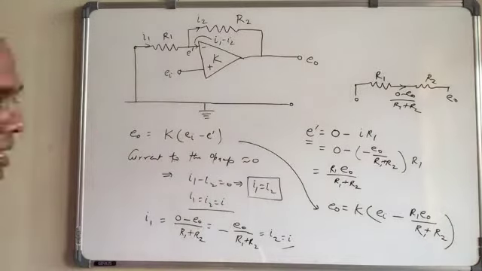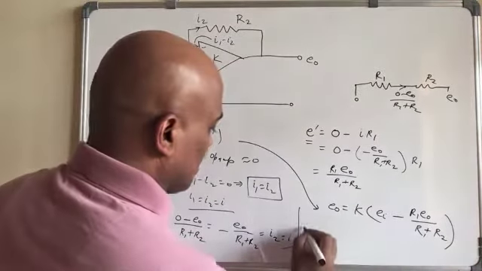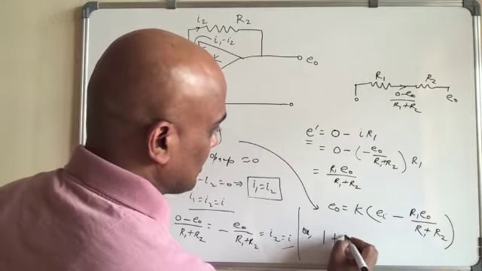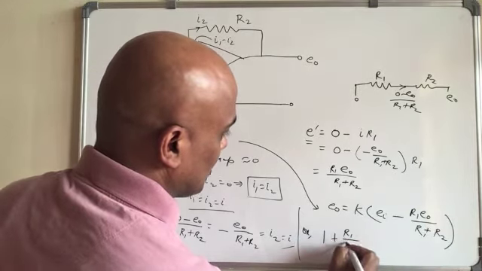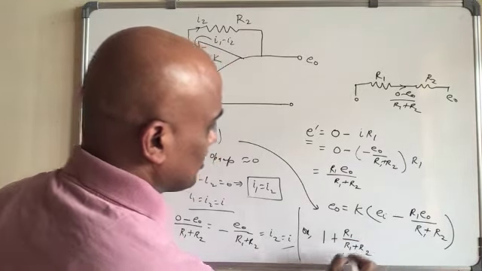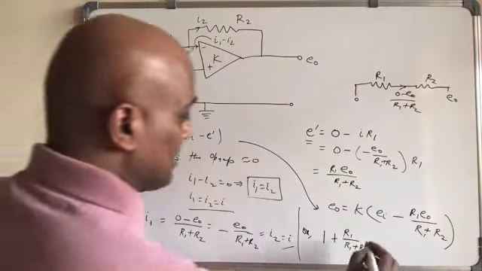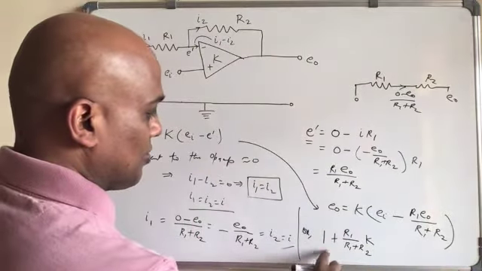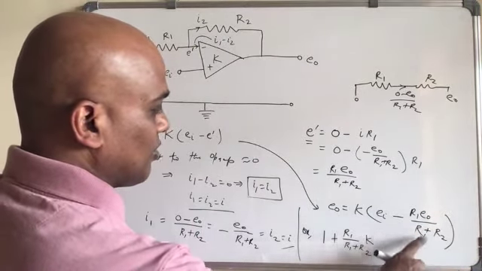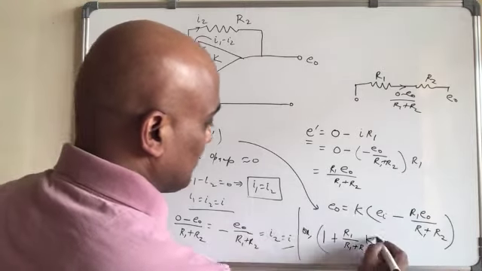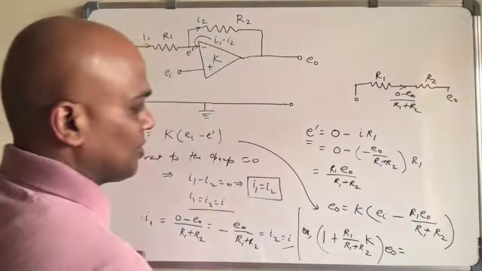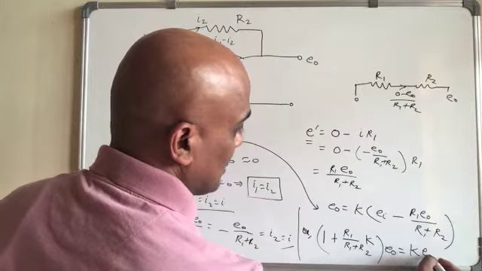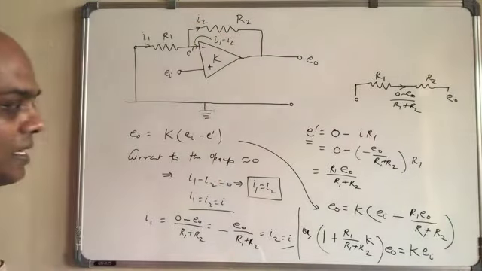So we get E naught here, so we get 1 plus R1 over R1 plus R2 times K. There will be a K value here, right? So E naught times (1 plus R1 over R1 plus R2 times K) will be equal to K times EI, right?